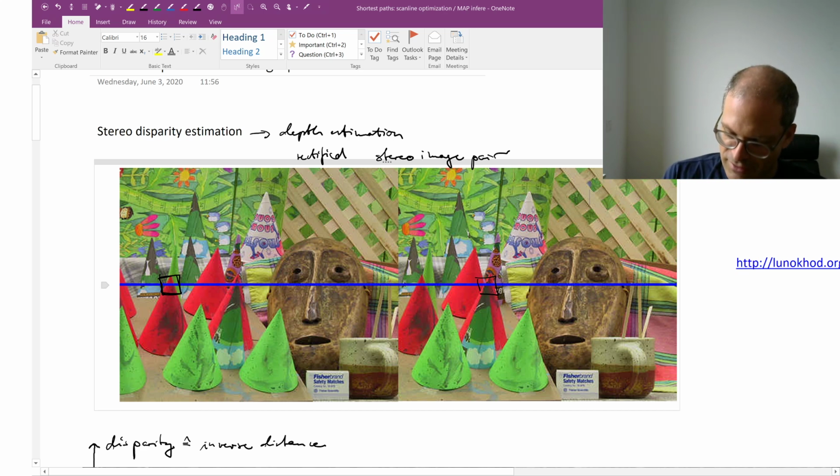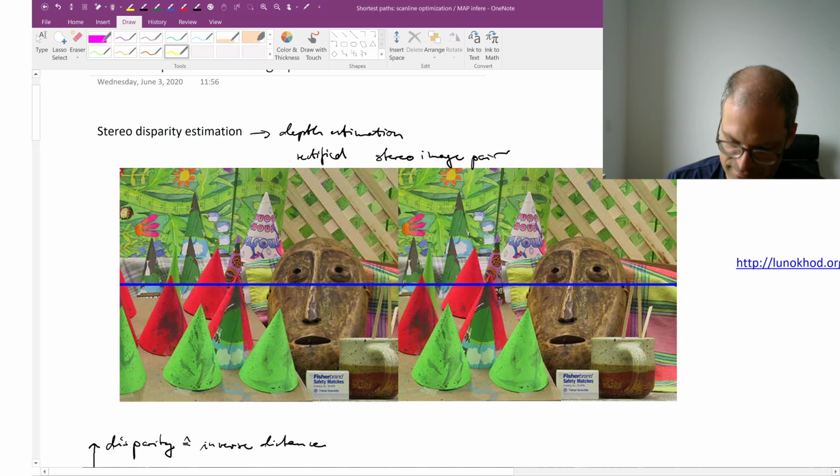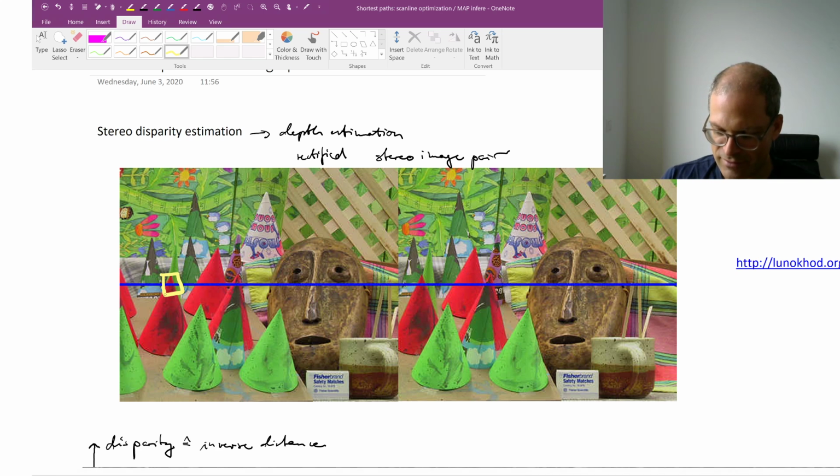So what we can do is we can take, on this blue line, let me use a brighter color, we can use this patch, and now in the other image I can start from the same position and then I can evaluate the match of the patch in the left image and the patch in the right image.